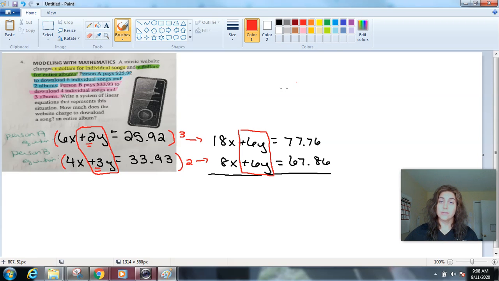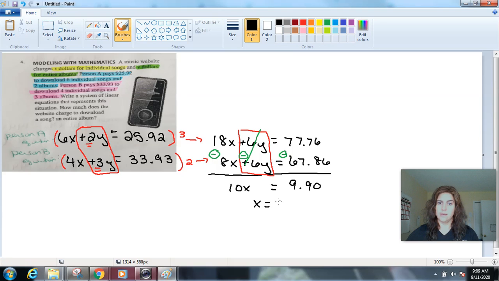Now, again, when I go back and look, there's my y's, and they are identical. So as long as they're identical, I can subtract them. And I'm going to subtract everything. Get those to cancel. And then do the rest of the problem. 18x minus 8x is 10x. 77.76 minus 67.86 is $9.90.